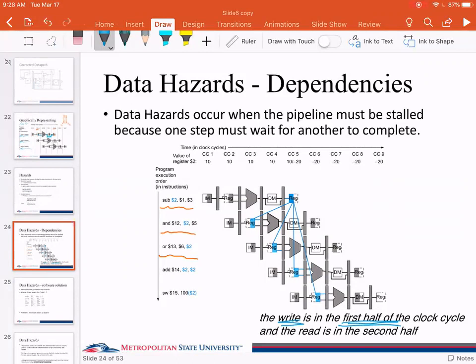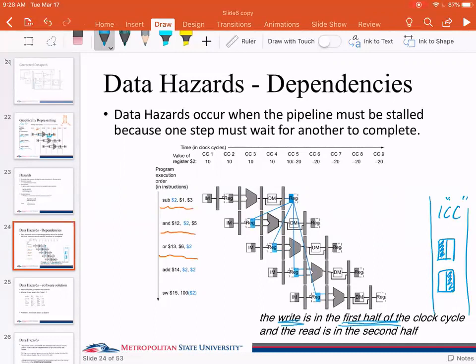Because we assume the write can be finished in the first half of a clock cycle, and the read can be finished in the second half. This will be important because if you are reading and writing to the same location, you could actually get that done in one clock cycle.